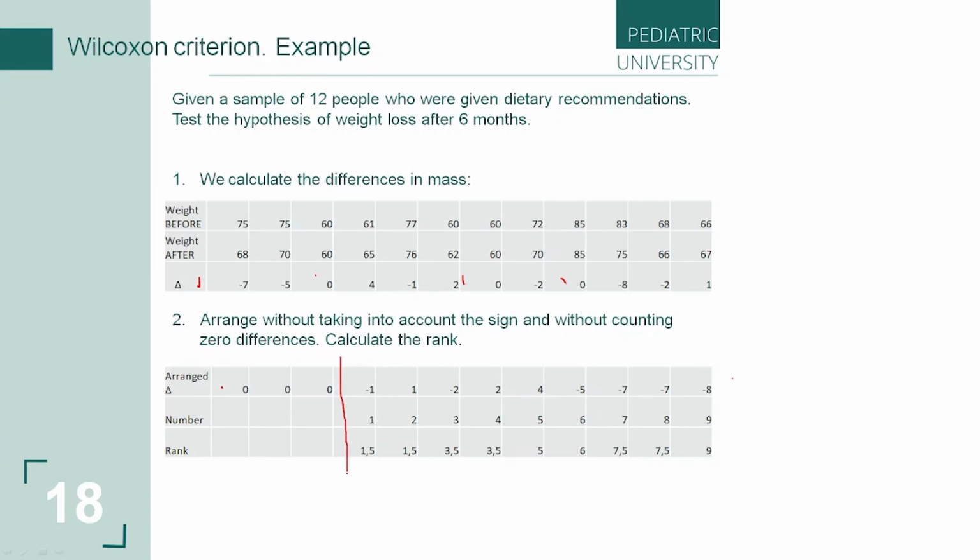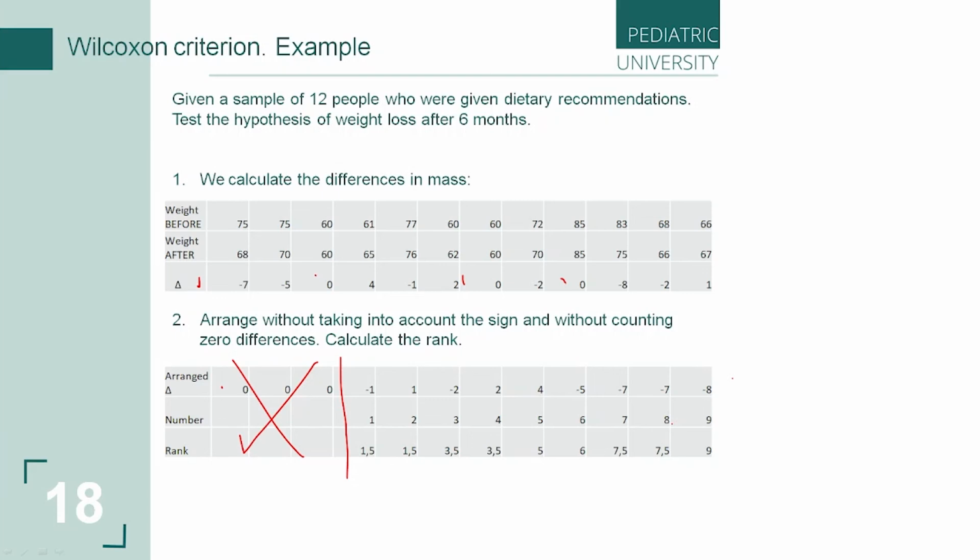We put them at the beginning; they are not interesting for us. We again give the remaining values a number so as not to get confused. We got 9 numbers: 1, 2, 3, 4, 5, 6, 7, 8, 9. Our sample has a volume of 9.